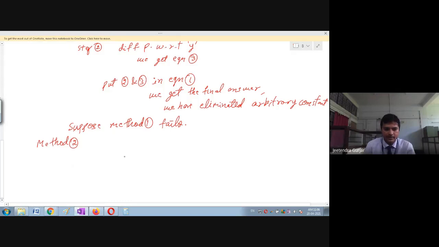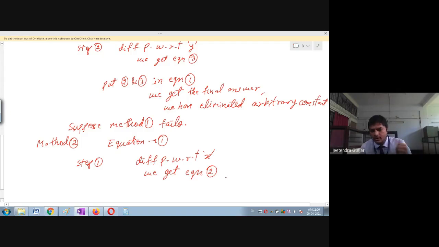Again, with the same equation, whatever they have given, we take this as equation 1. If possible, all the students please write it down. Step 1: we differentiate partially with respect to x as it is. Here we get equation number 2 after simplifying and substituting those 5 formulas.